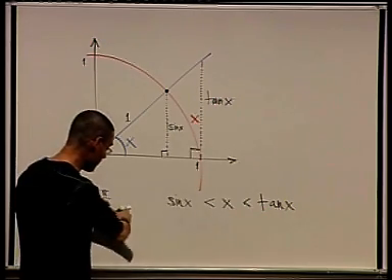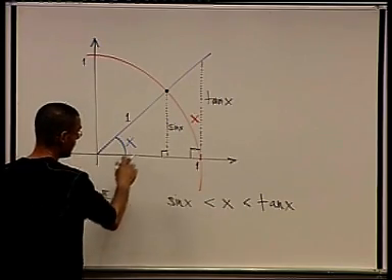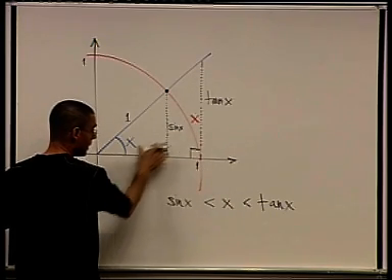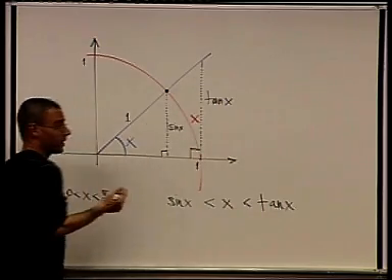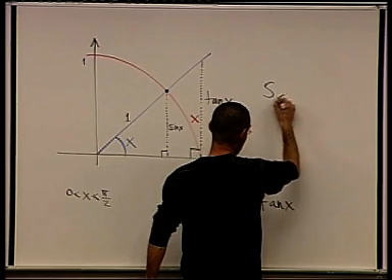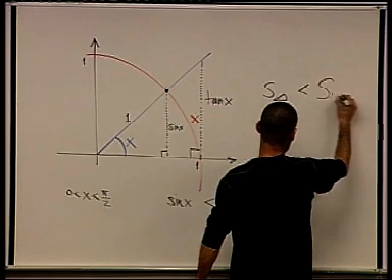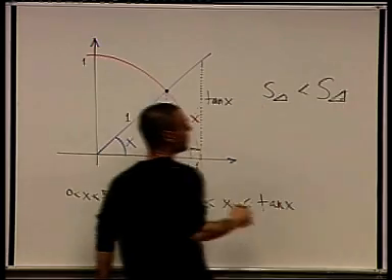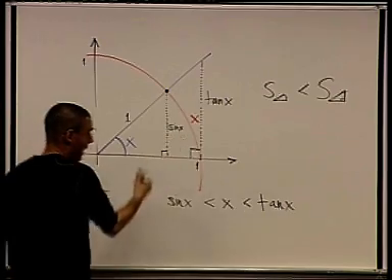One way to think of it is, it's clear that this slice of the pie is smaller in area than this bigger right triangle. Does everybody agree to that? Yes? Because it sits inside.